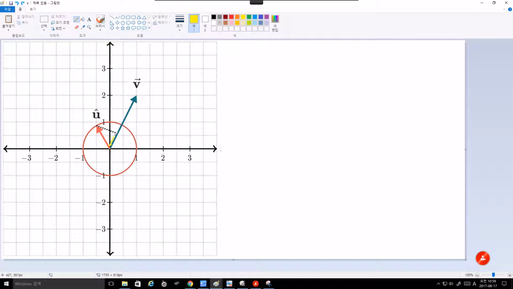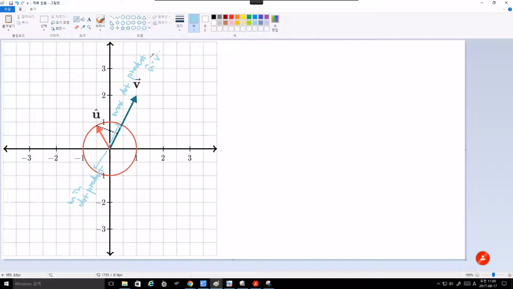If we follow this direction, well, yellow is not good, too weak. Let's try sky blue. If this one is like this one, then we have the max dot product.